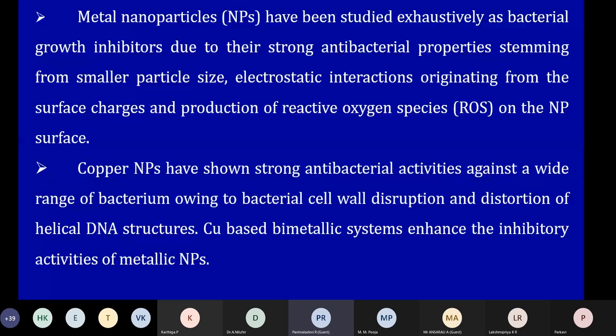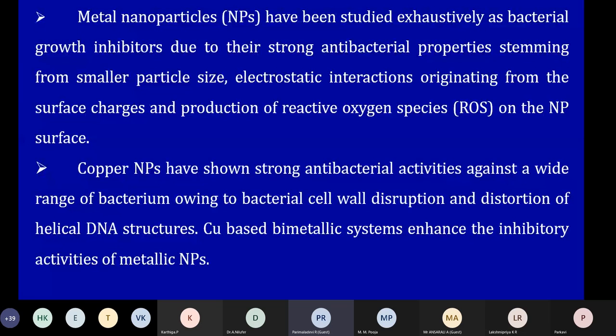Here, since silver and gold are very costly, we go for copper nanoparticles. We try to prepare copper nanoparticles, which also show strong antibacterial activity against a wide range of bacteria, owing to bacterial cell wall disruption and distortion of the helical DNA structure.